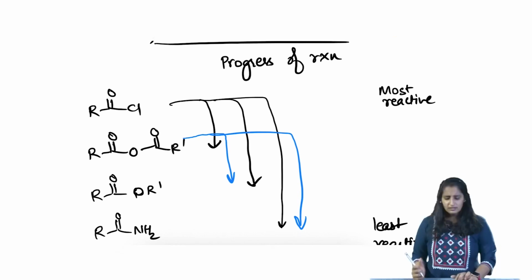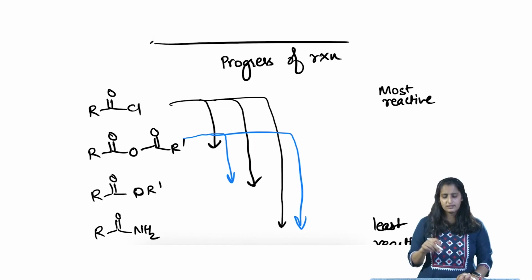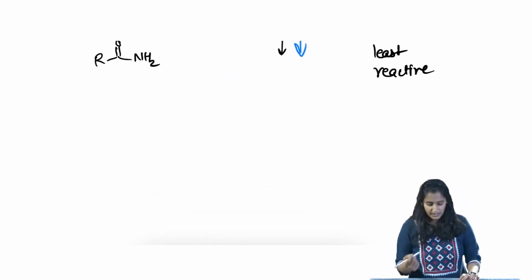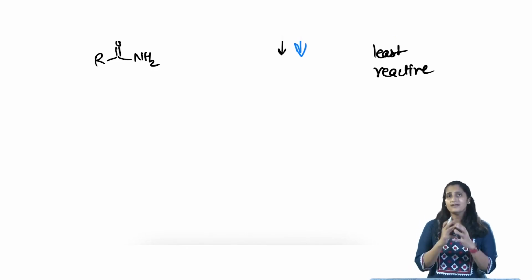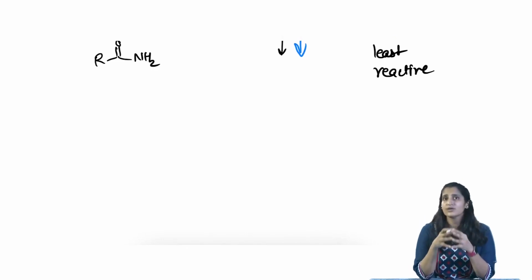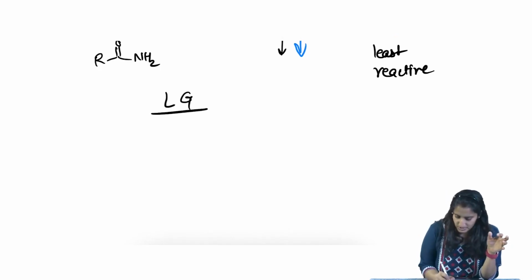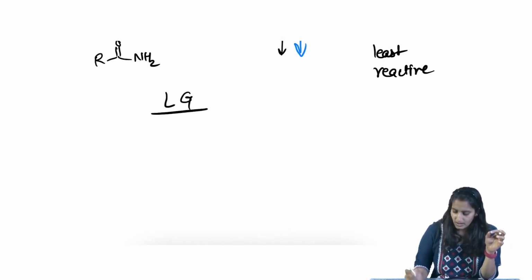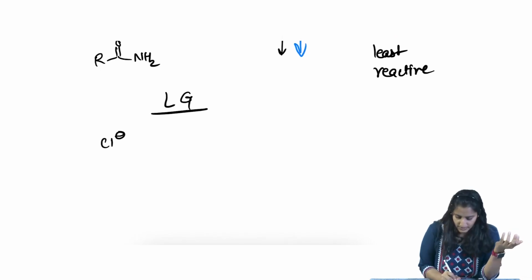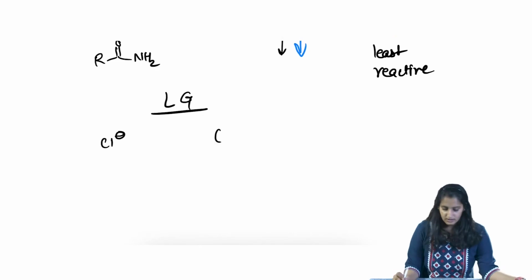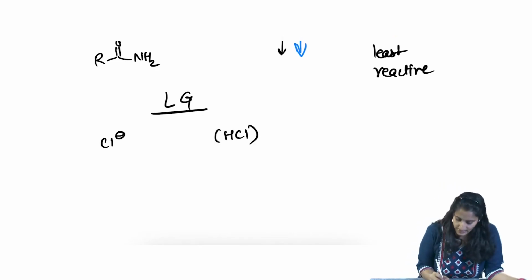Okay. We discussed the addition step, but I also wish to discuss the elimination step in much more detail, and how we decide if something is a much better leaving group than the other. So, let me just write down different leaving groups. In the case of acid chlorides, the leaving group is going to be chloride, okay, and its corresponding acid is HCl, right.